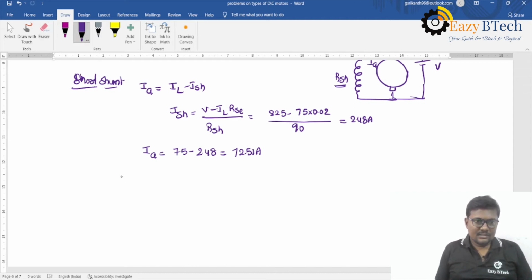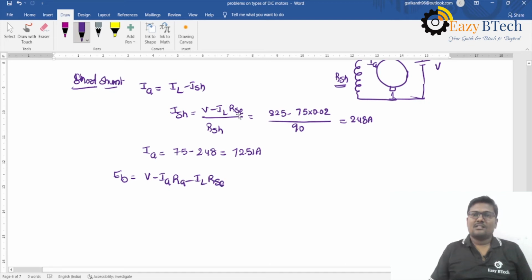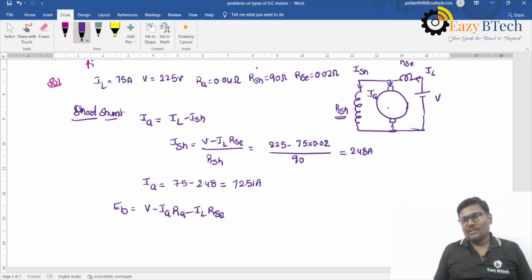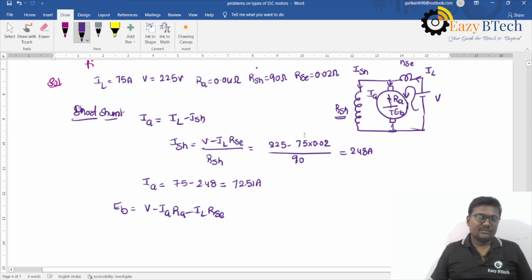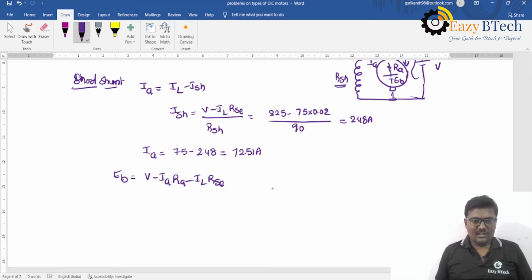After that, EB is equal to V minus IA RA minus IL into RSC. The back EMF is developed in the armature. The armature winding has a resistance RA, and if you apply KVL to this loop, then you will get this equation.